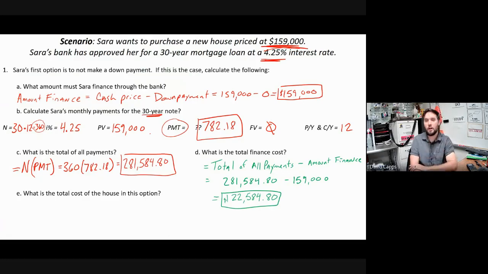That's how much the bank charged her for taking out a loan for $159,000. That's how the bank makes their money. Notice they made over $100,000 off of this one person just for borrowing some money.